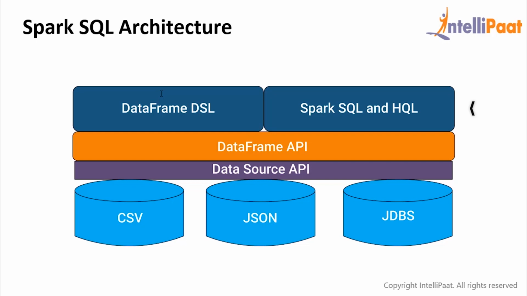It also supports cost-based optimization and rule-based optimization, making queries run much faster than their RDD counterparts. And there is also the SQL Service, which is the entry point for working with structured data in Spark. It allows the creation of DataFrame objects as well as the execution of SQL queries.